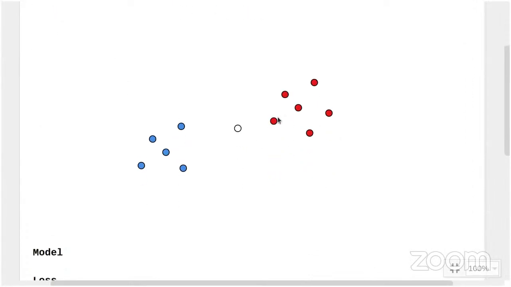You look at how many of those k neighbors belong to a particular class, and if the majority of them belong to class 1, say the red class, then you predict this point as belonging to the red class. For a regressor, you look at the k nearest neighbors and take the average of their labels. That is how a KNN regressor would work.